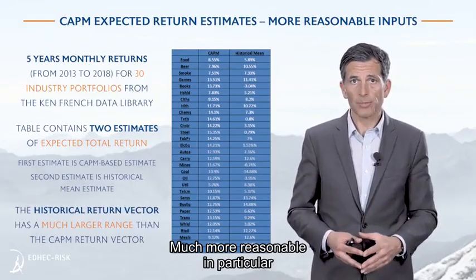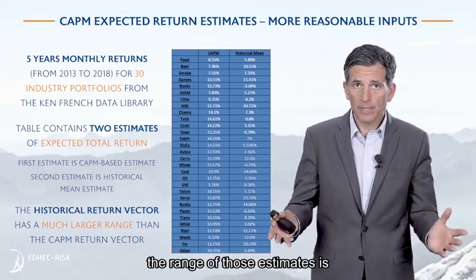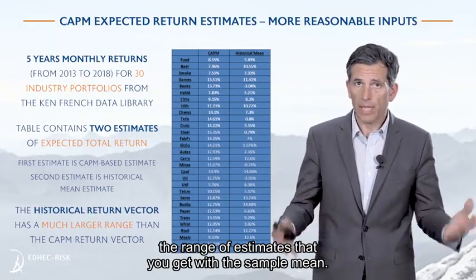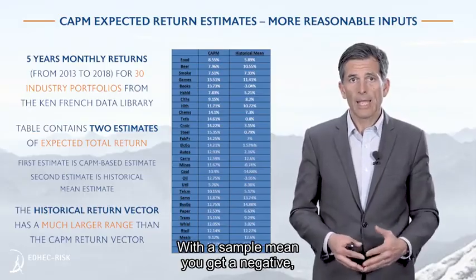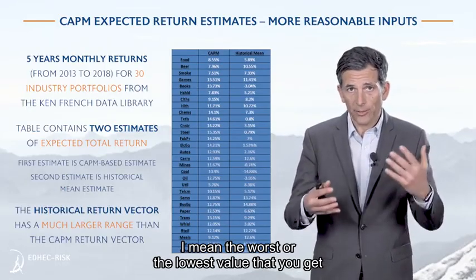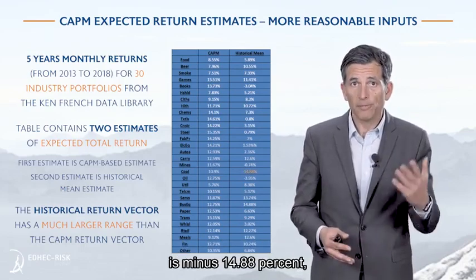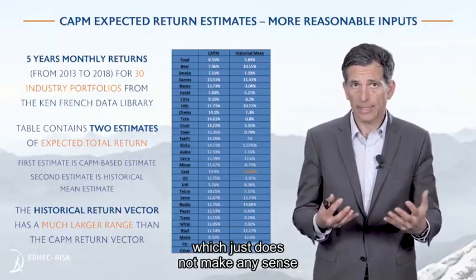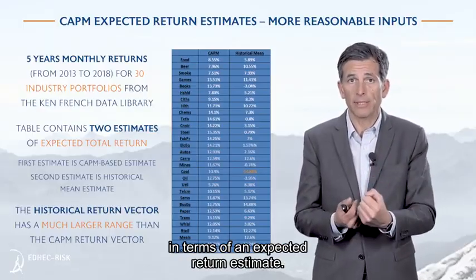In particular, the range of those estimates is much smaller compared to the range of estimates that you get with the sample mean. With the sample mean, the lowest value that you get is minus 14.88%, which just does not make any sense as an expected return estimate.